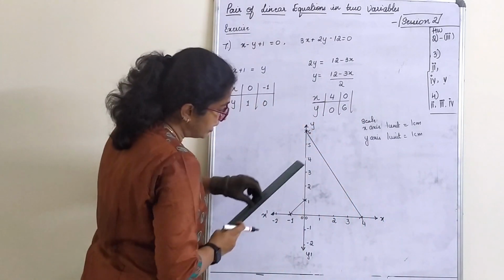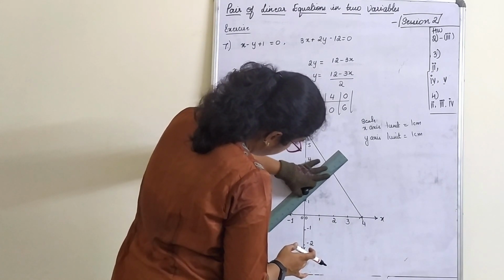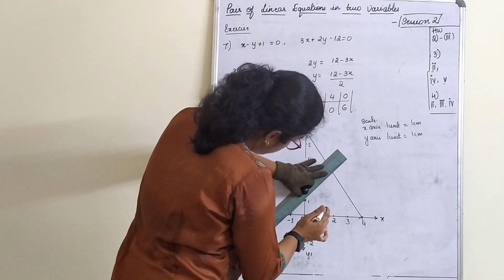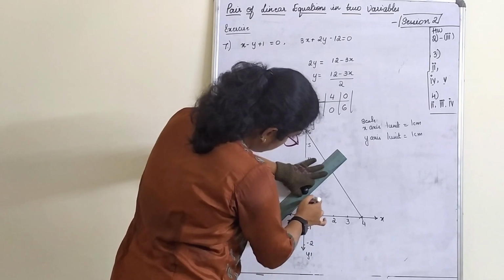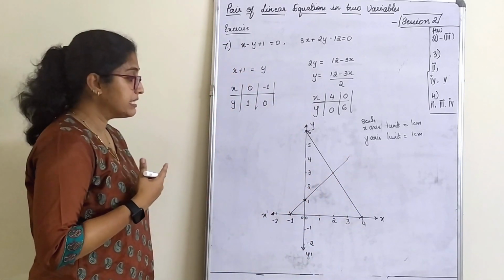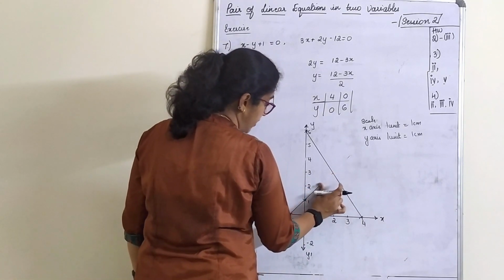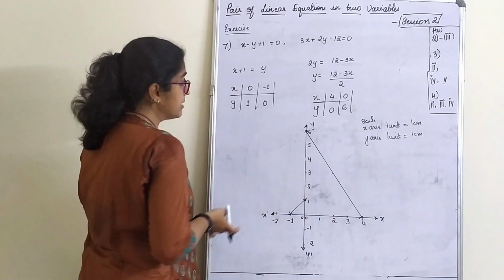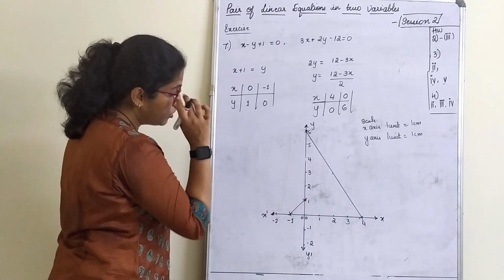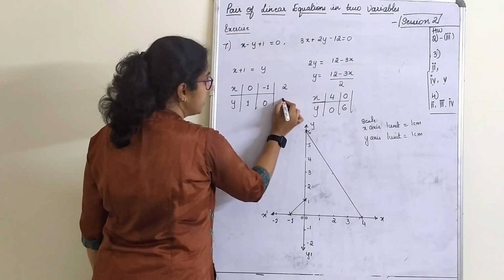Okay. So now what I do here is I'll extend this line to this axis. Extend it, draw a line straight enough. Otherwise, what I best suggest is to take one more value so that you will come to know where exactly you have to plot it. So let us take x is equal to 2, right? y is equal to 3.